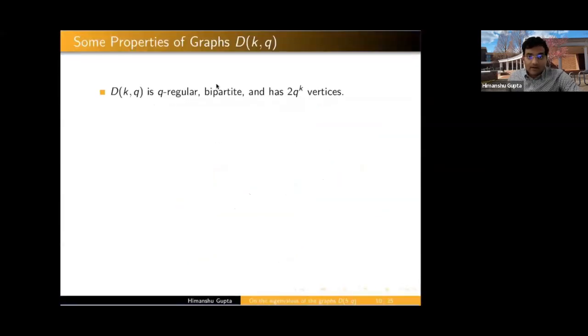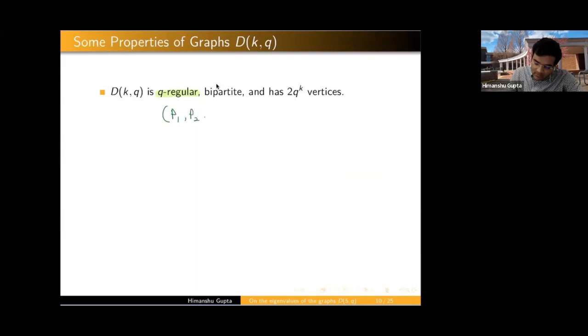Some properties of graphs D(k,q). These graphs have been well studied. Lots of structural properties and other algebraic properties of these graphs have been studied. So starting with the basic ones, these graphs are q-regular. Why are they q-regular?